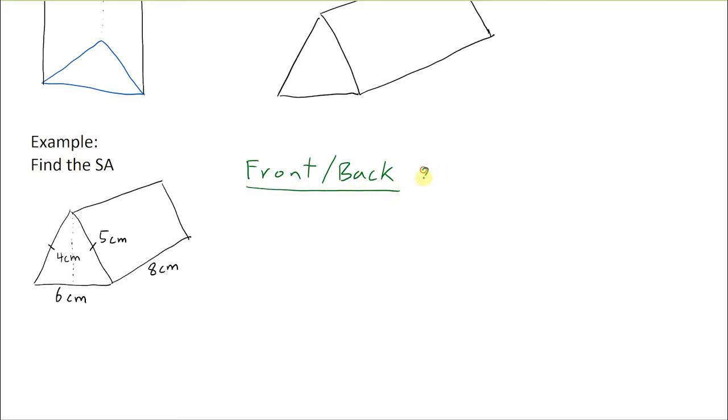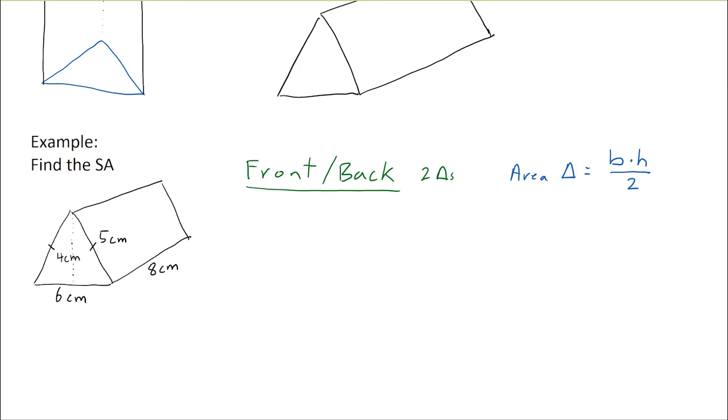Now these are two triangles, and remember that the area of a triangle is its base times its height divided by 2.